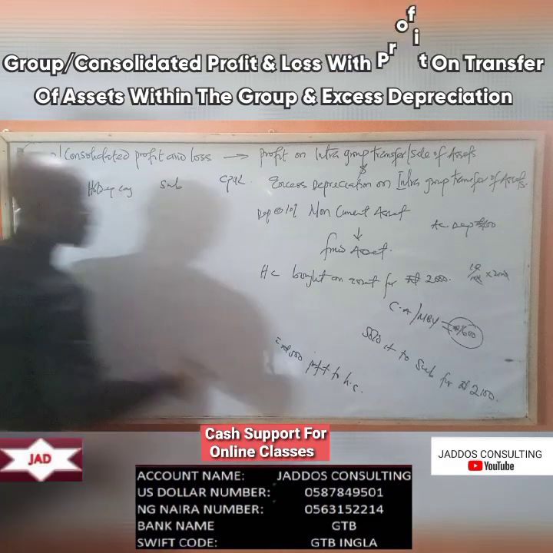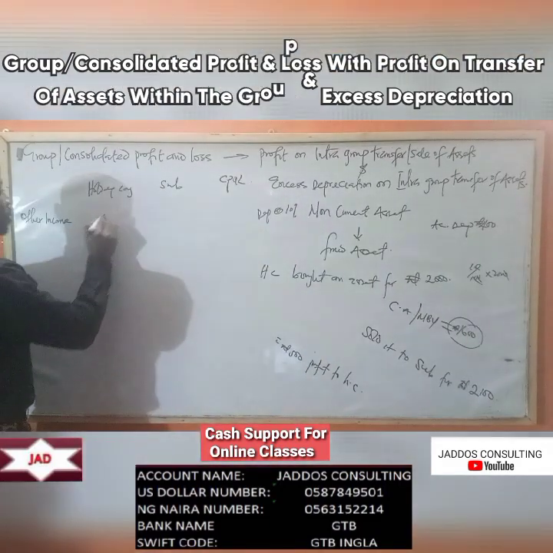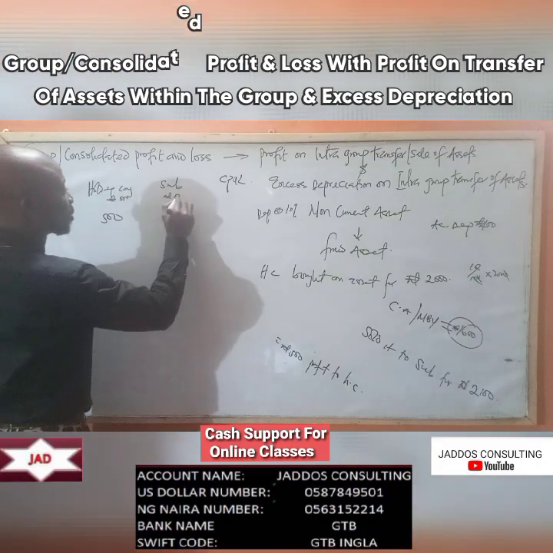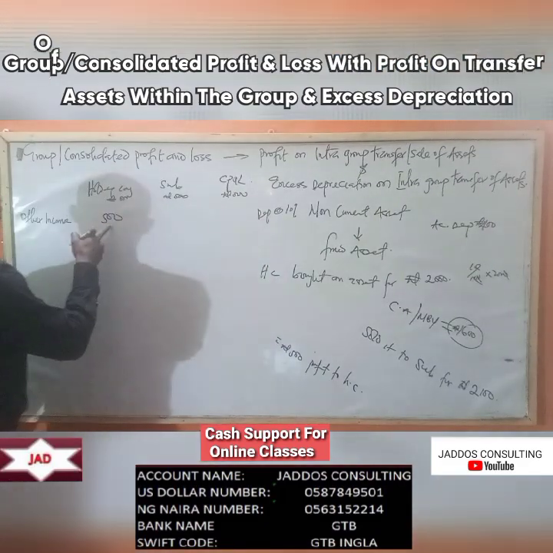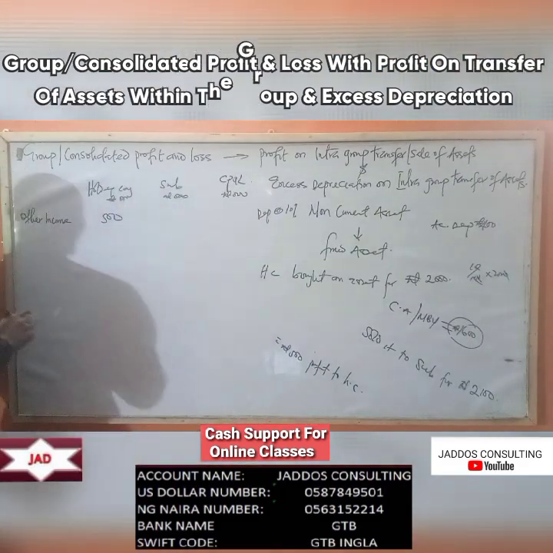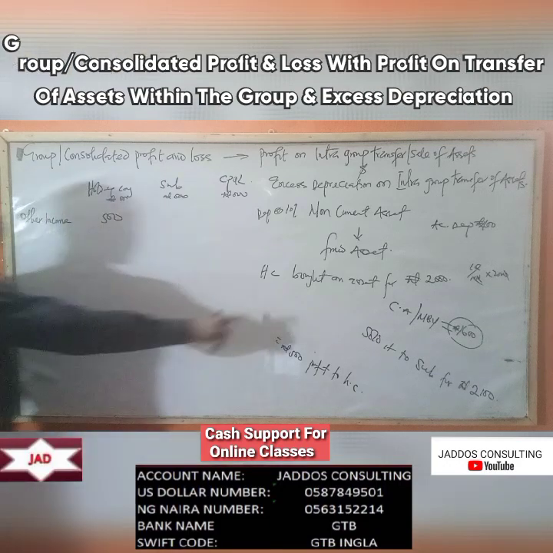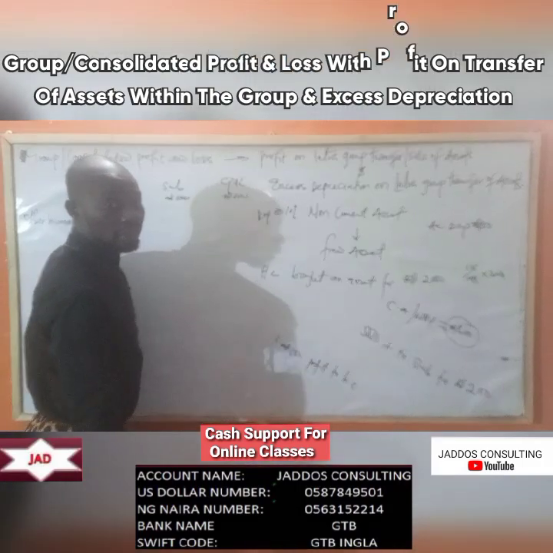The holding company has made a profit of 500, so we have other income 500, on the disposal of this asset.